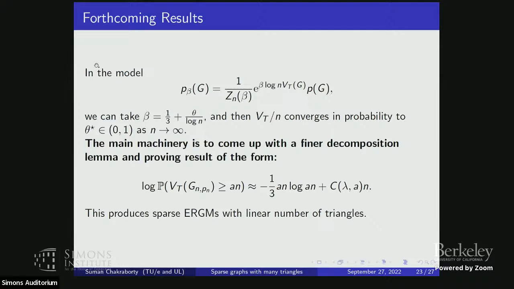Once we have something of smaller order than the first term, we could prove that most triangles are vertex disjoint, but we are not required to prove a finite decomposition lemma to get that result. The finite decomposition lemma only gives you how good that approximation is. They are triangles, but they will not be far from each other.